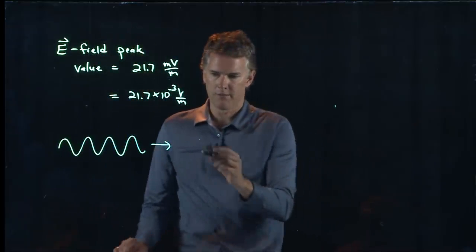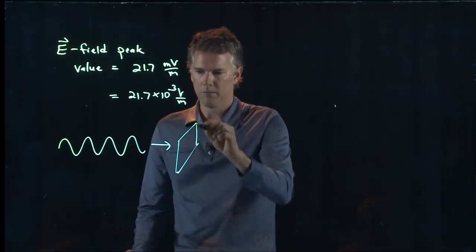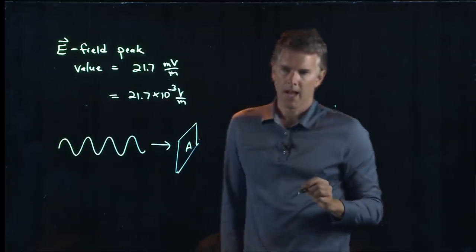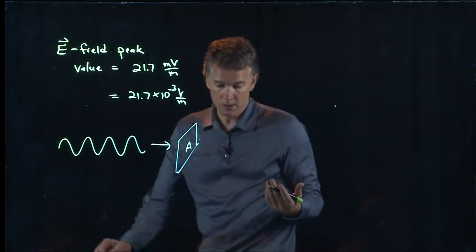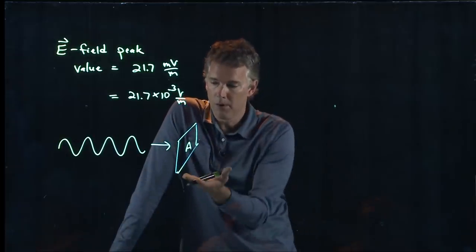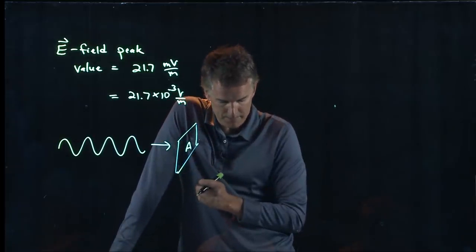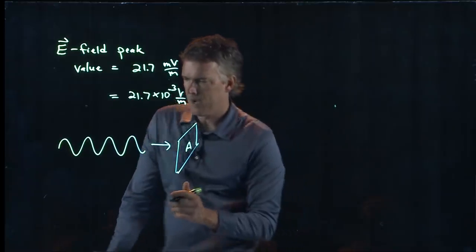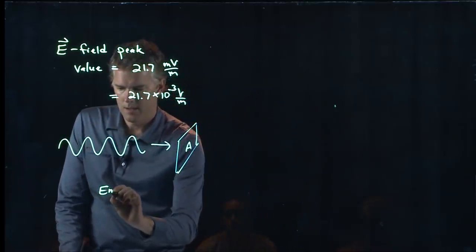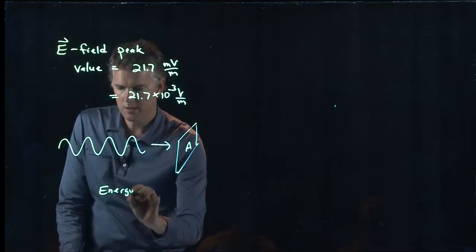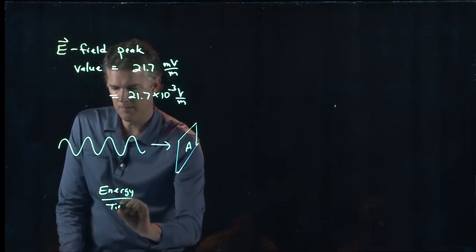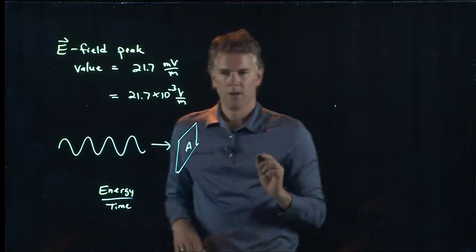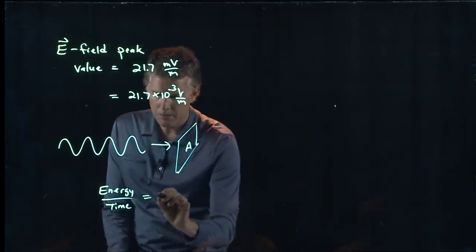and we need to define some area and figure out how much is coming across per unit area per unit time. Now, when we talked about energy per time, remember that was power.